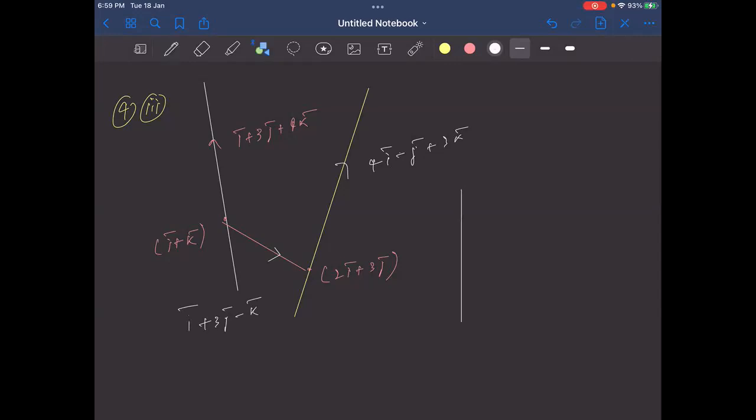Simplifying, what do we get? This is 1, 3, 2.